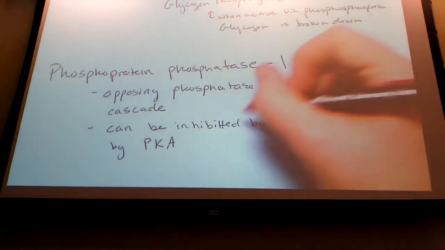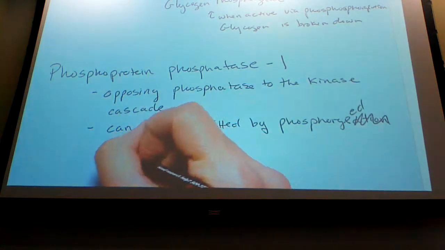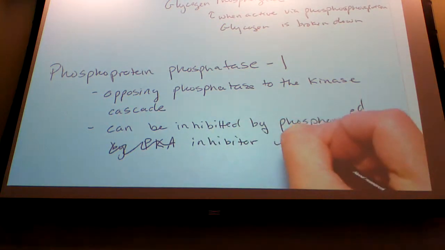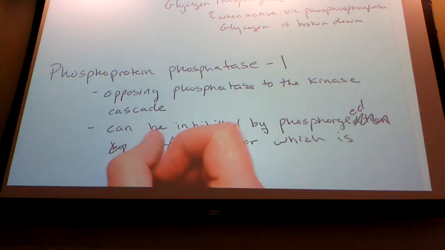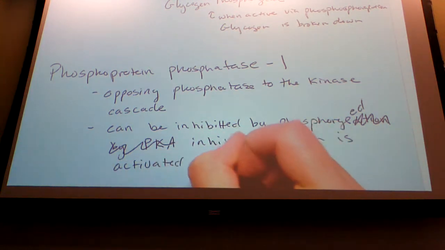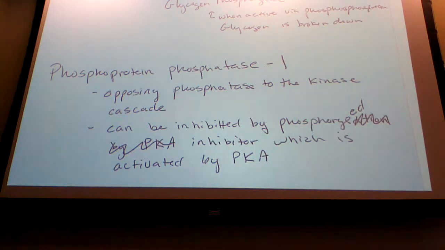It can be inhibited by a phosphorylated inhibitor, which is activated by PKA. We're going to look at the picture. The picture's so much easier to follow.